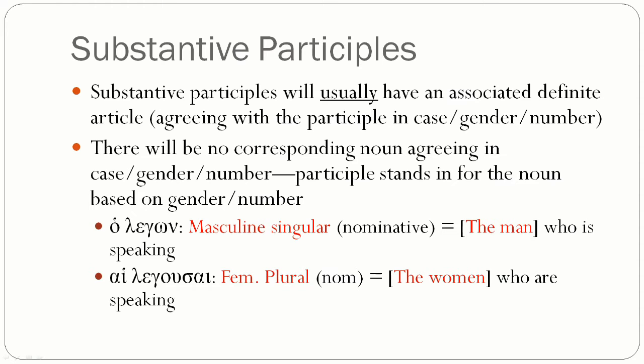In this case, nominative is not super important to the substantive participle, but I've put it there anyway. Because this is feminine plural, you can understand in the brackets "the women." And because it's legousai, the participle form of lego, we can translate it "the women who are speaking." Again, very similar to the attributive participle in translation.